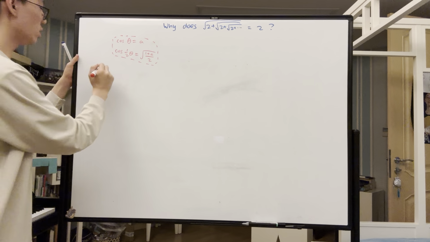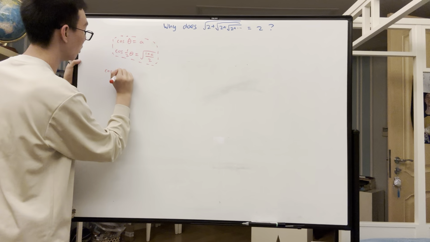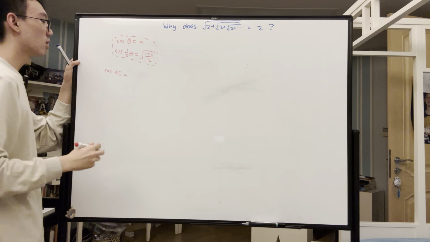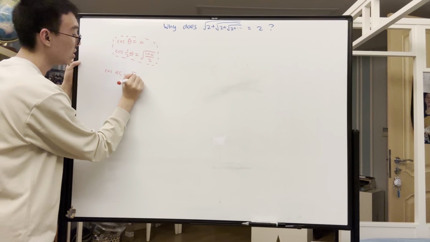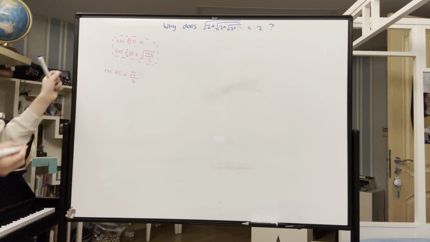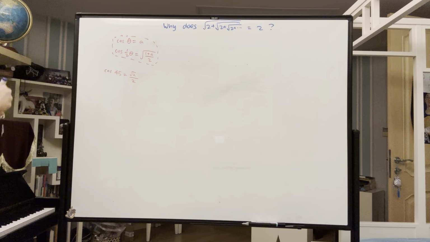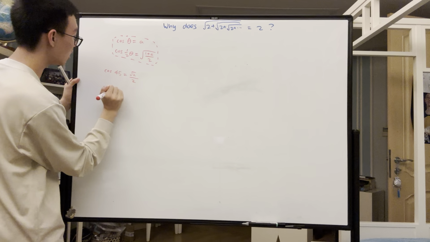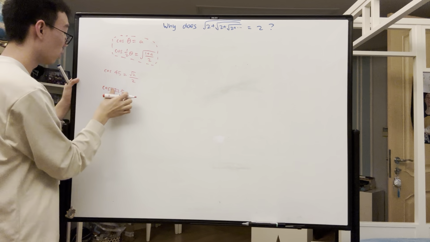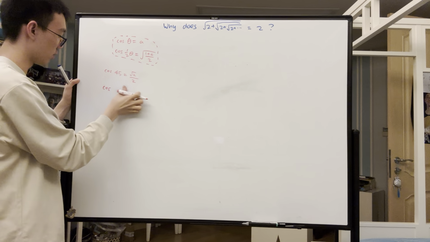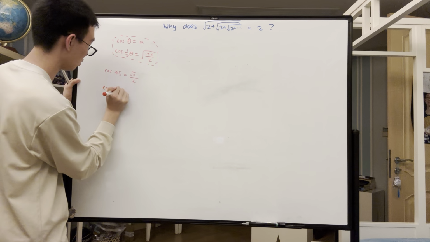So to explain this, we can start by finding the value of cosine 45. And cosine 45, as we all know, is equal to root 2 over 2. And then we can look at cosine 22.5. Or in here, we can just write this as cosine 45 over 2.